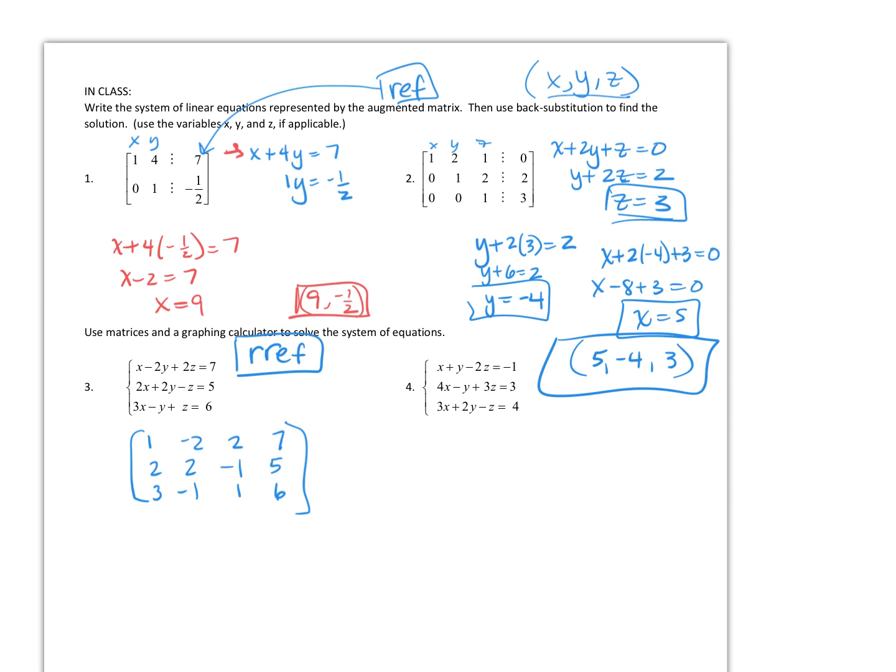How big a matrix do you want? Alpha zoom pops up this little menu. So how many rows do we want? 3, right? 3 rows, and we want 4 columns, right? Hit OK. And now I have to enter in the values I have. 1. Don't hit enter until you're done, okay? That'll really be frustrating.